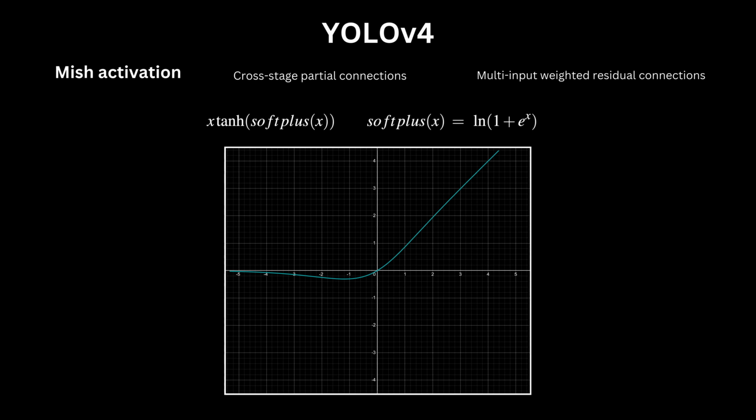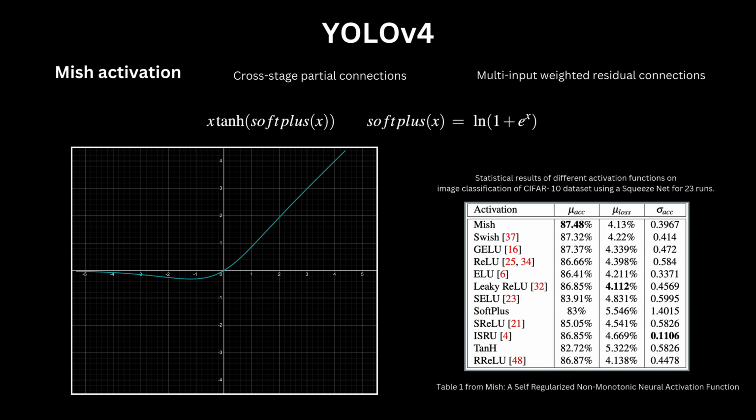When the authors of Mish compared it to different activations, it ended up performing significantly better than a lot of other activations. By the way, the reason Mish is in bag of specials and not bag of freebies is because it leads to an increase in the time taken to do forward as well as backward pass through the network.